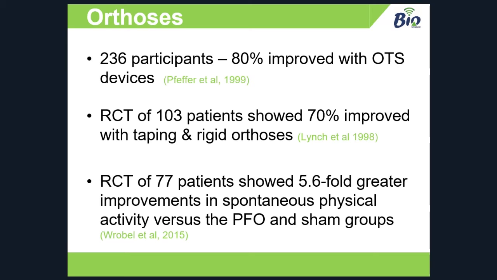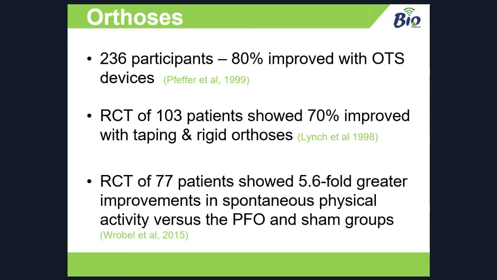There's another study here by Lynch, which was a randomised clinical study of 103 patients, and they looked at 3 different treatment categories. One of them was anti-inflammatories on its own, the other one was accommodative insoles, and the final category they termed mechanical, which consisted of low dye taping for 1 month, followed by rigid custom orthoses for 2 months.